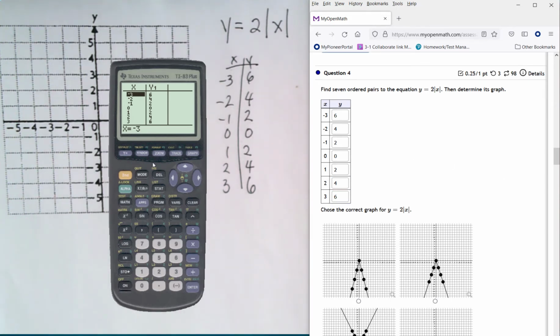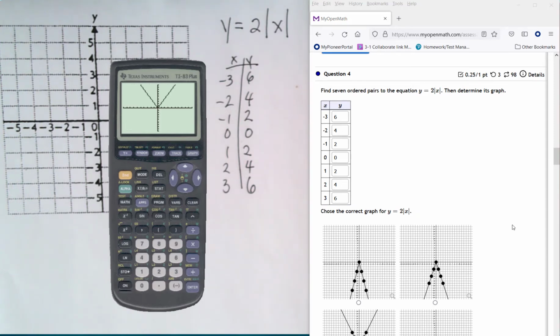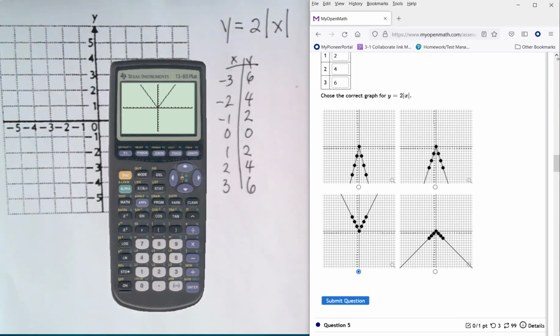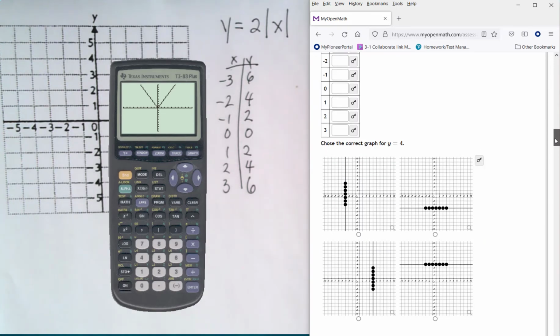All right. And let's look again at our picture. Okay, it's a V that's right side up. And only one of these is the correct one. So it's going to be this one. All the others are upside down. Right, we won't check it yet.